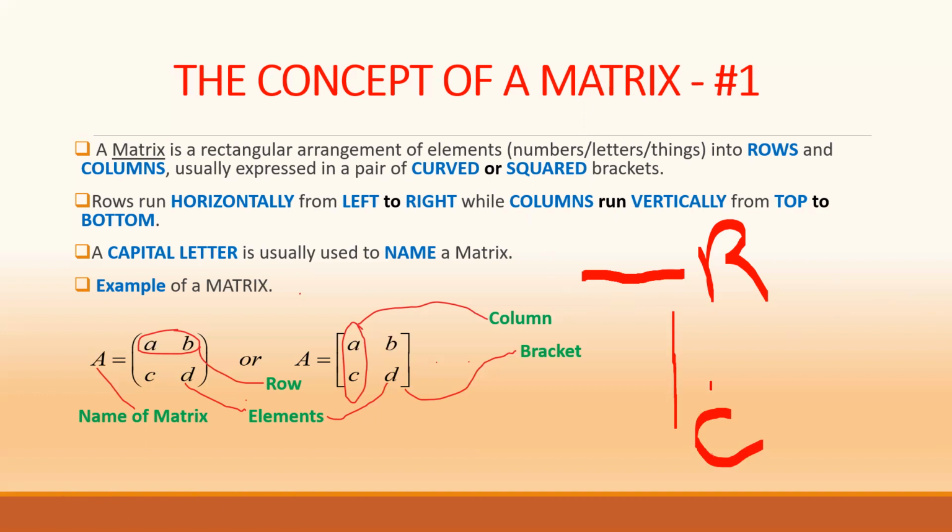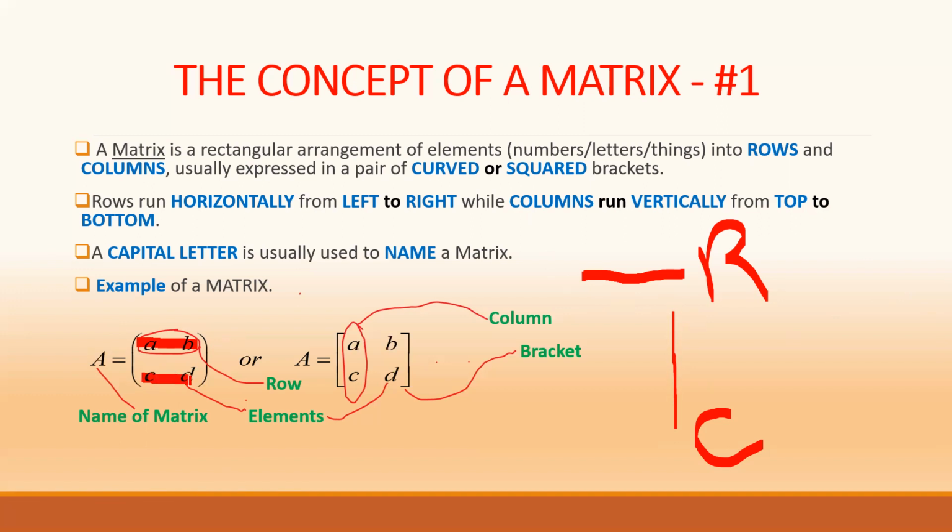So columns run vertically, from top to bottom. Let's look at the matrix here now. You can see that the elements A, B are in a row. They're going in a horizontal fashion from A to B. So AB is in a row, as well as CD.